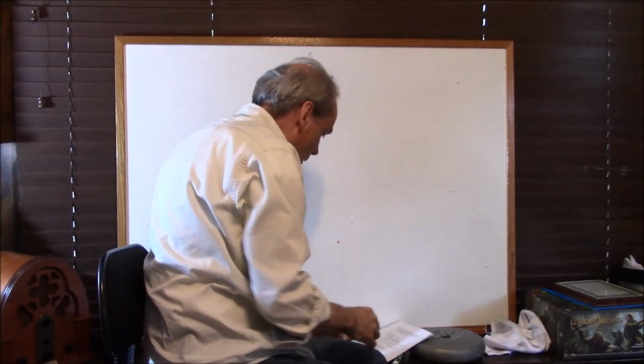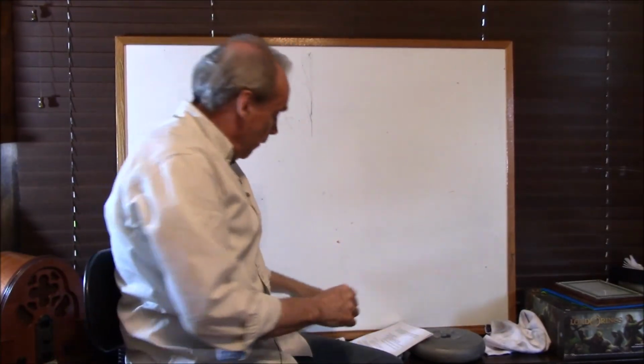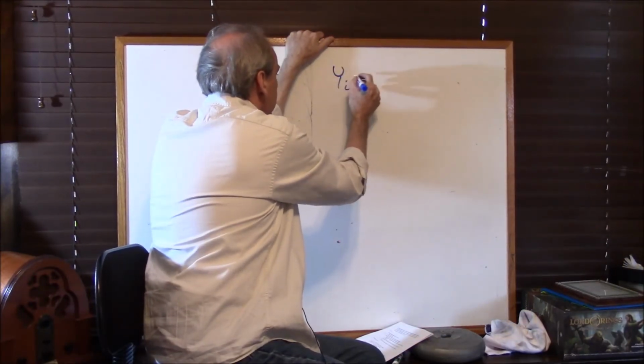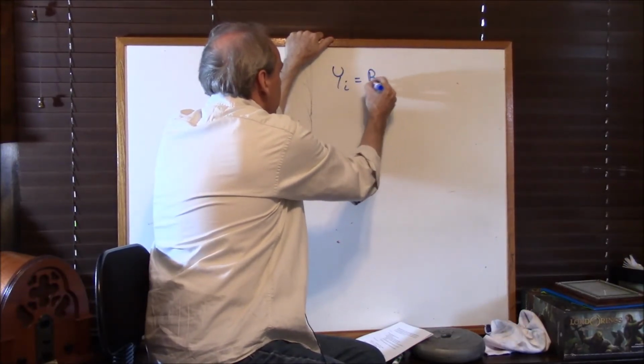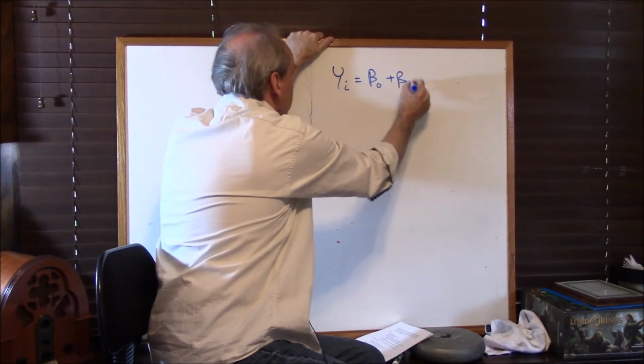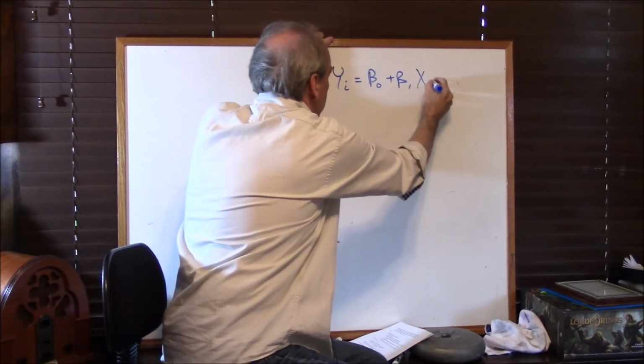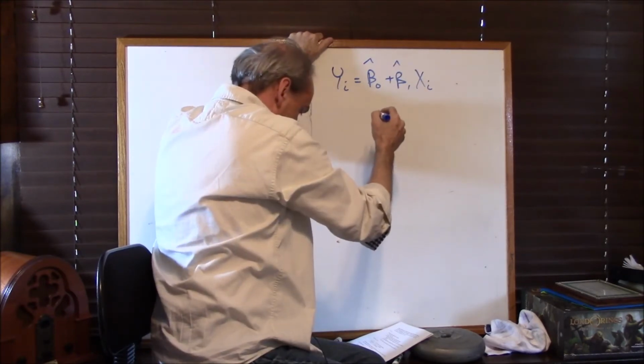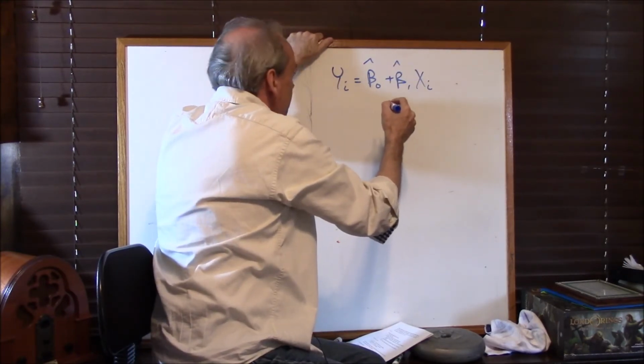And so here's the formula. For this equation, it's a little bit more complicated if you get more than one explanatory variable, but I'll do it this way.